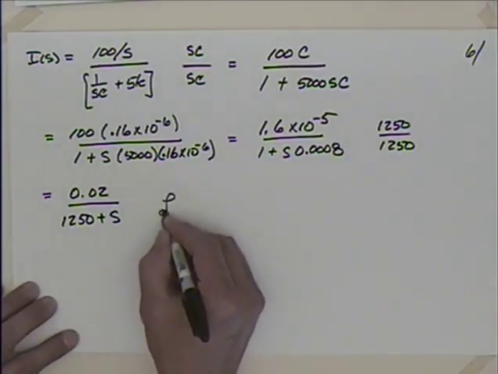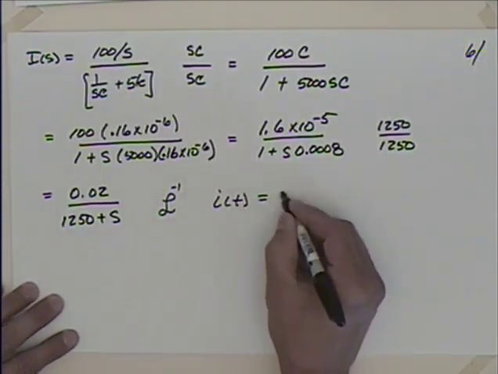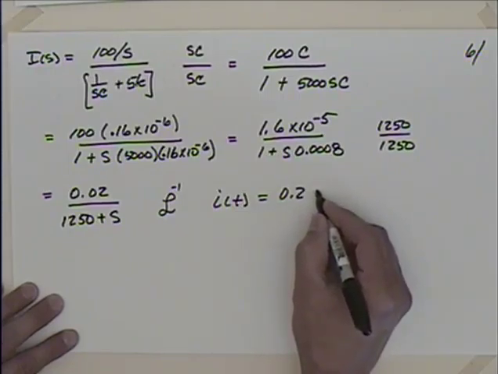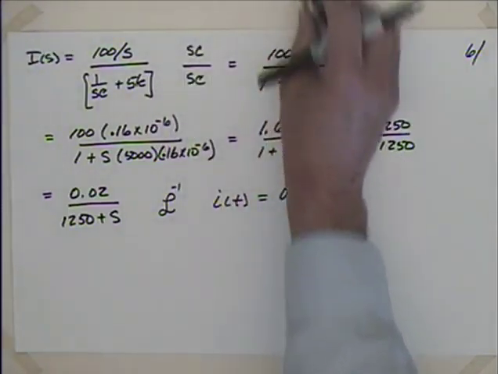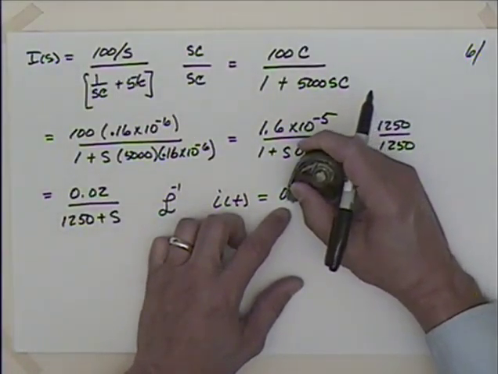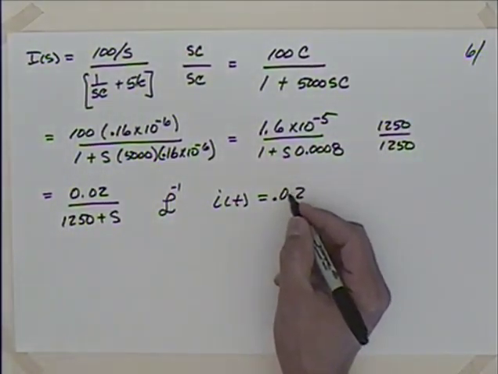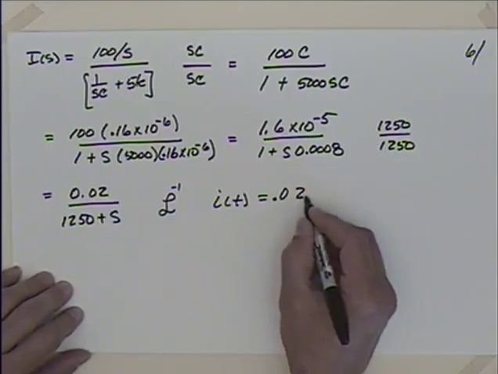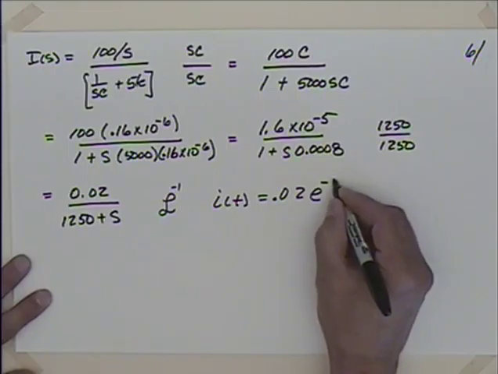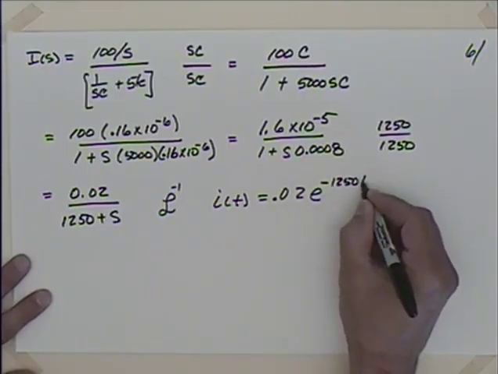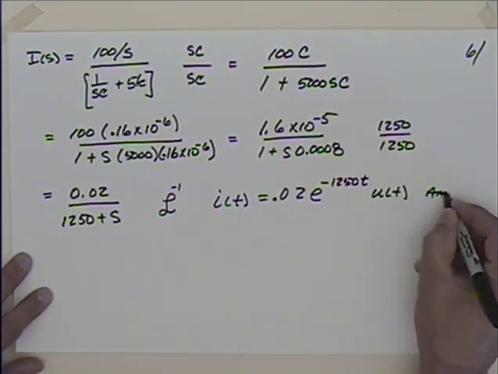So taking the inverse Laplace transform of this, i of t is simply equal to 0.02 e to the minus 1250 t u of t, and that's amps.